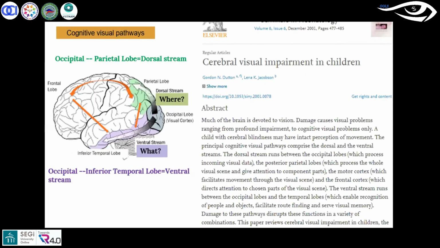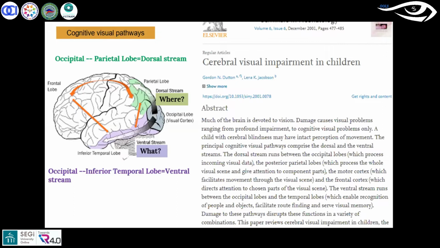As an introduction, some refreshment about the anatomy of the brain, perhaps. We know that seeing is not relying just on the ocular, on the eyeball, on the retina, but it's beyond that. It is devoted to vision by the brain itself.